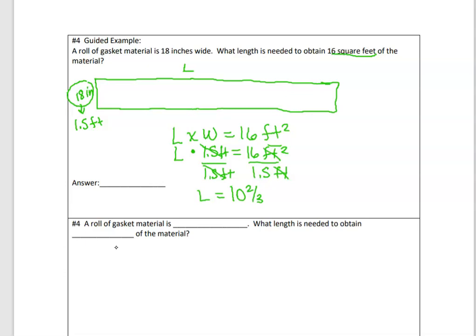Well, this feet is going to take one of these feet squared, so I would have feet here. So 10 and 2/3 feet would be the exact answer of the amount of length that I would need to have if my width was 18 inches and I need to have 16 feet squared of total area.